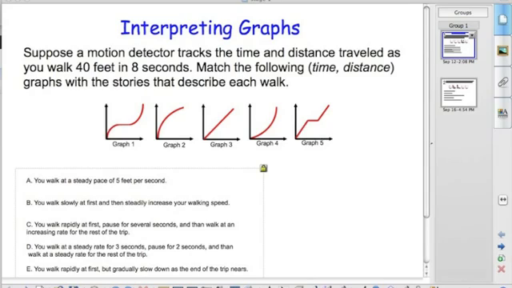So when you're taking your notes, I would like you to write down the statements A, B, C, D, and E, and leave some space over to the right-hand side on your notebook page for you to insert your graphs. But I also would like you to skip a few lines between the statements so that you are capable of writing some notes that demonstrate the characteristics of the graph.